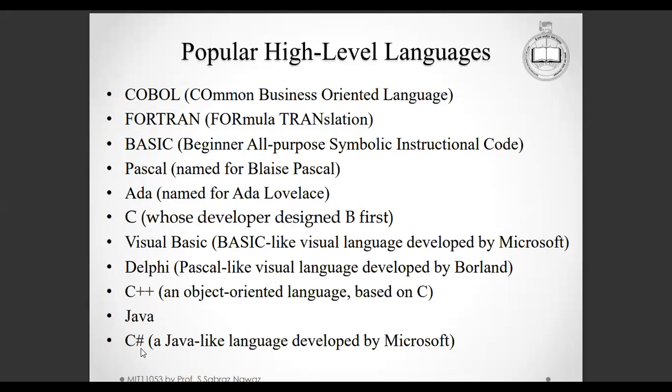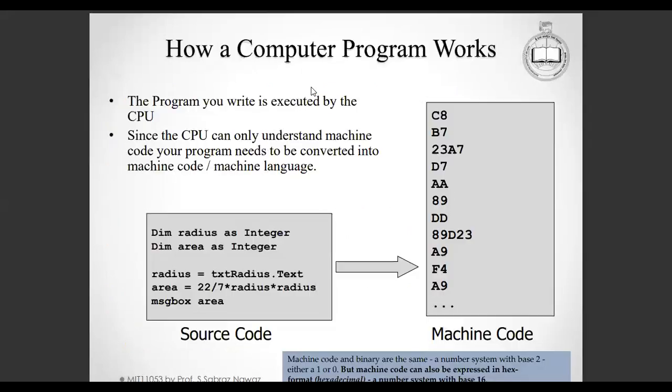And for our subject, as you all told me, we are going to learn Java. So the programming language that we will be using is Java. These are some examples of popular high-level languages.